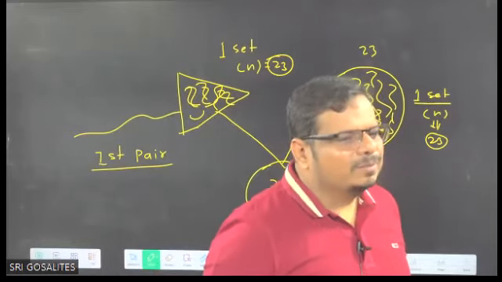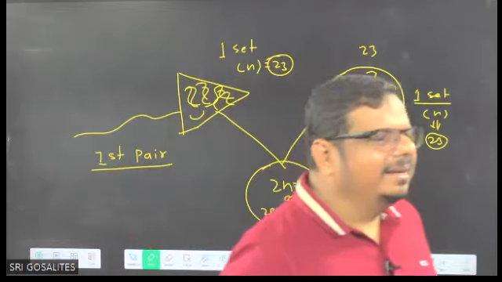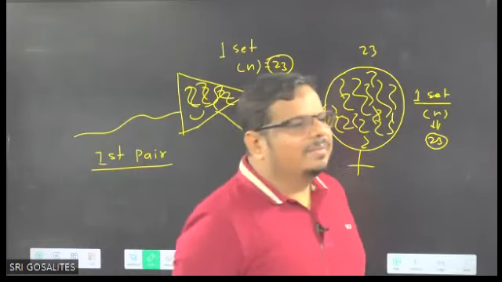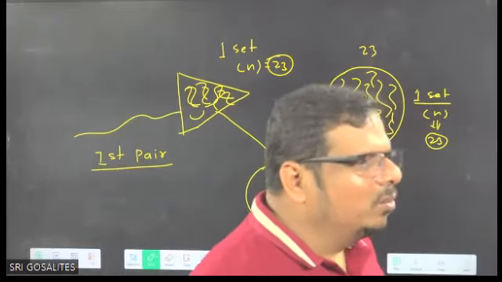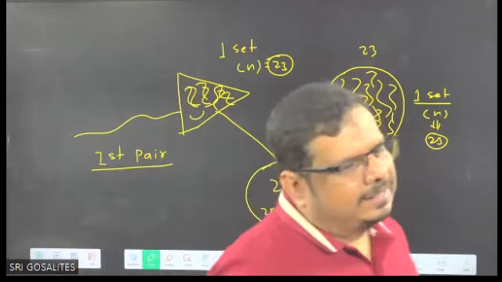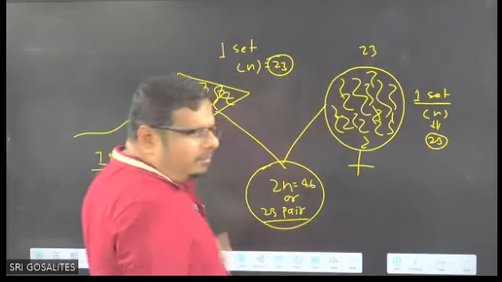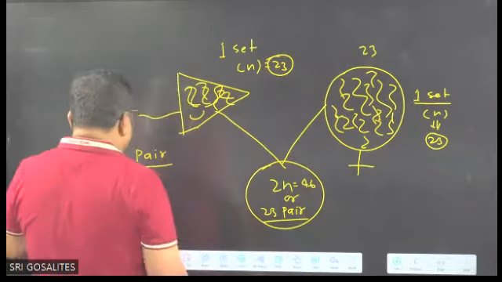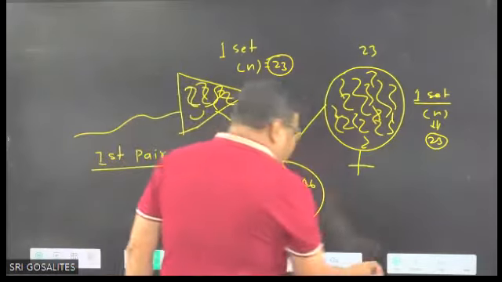Same size. Very good. And they are called what basically? 20th pair. You got the idea? I hope you will not be confused in the future. So first pair of chromosome, second pair of chromosome, it is called homologous chromosome.